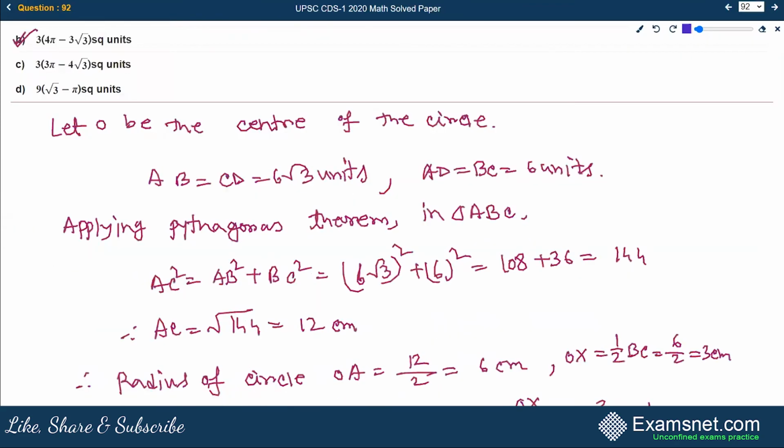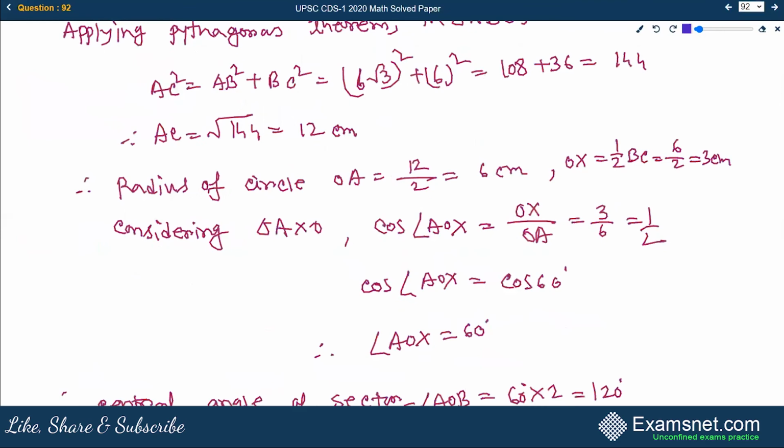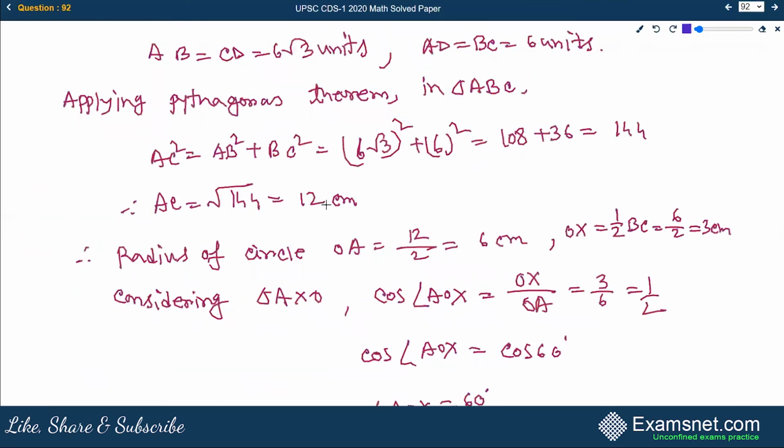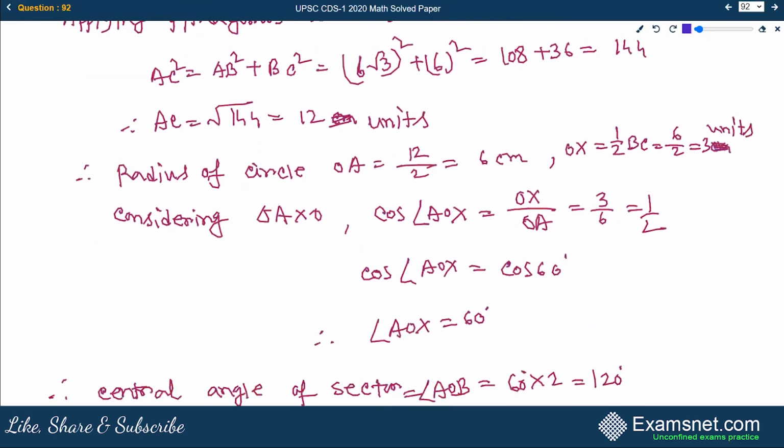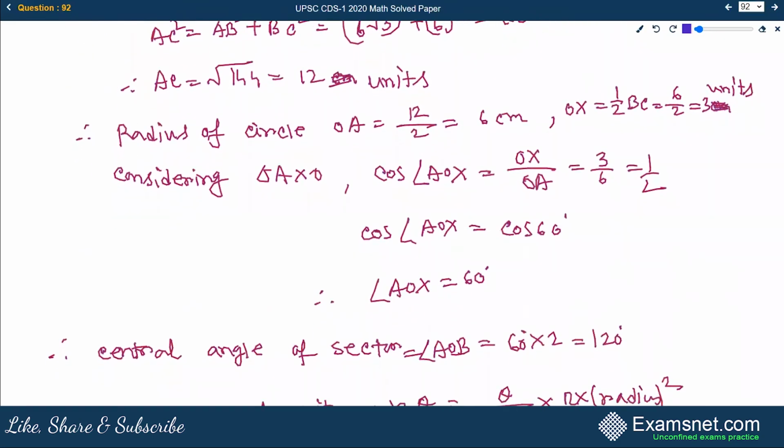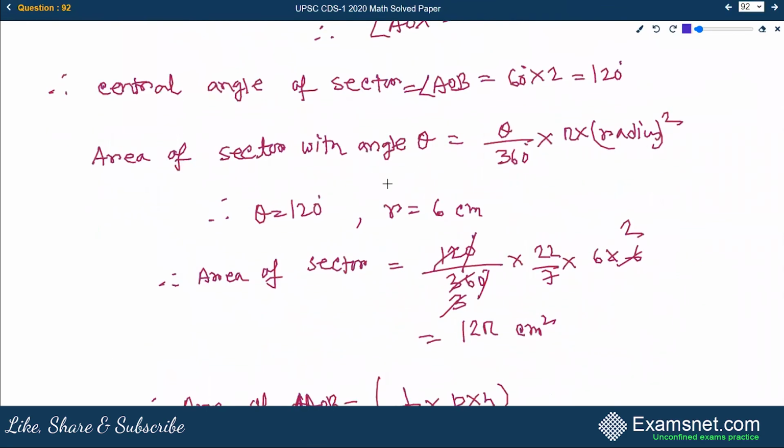Okay, one more thing. I have taken centimeter. No, I shouldn't have taken centimeter. Please make the correction. Everywhere it will be units. They haven't mentioned particularly whether it's centimeter or not. I should rectify this as well. This will be units.